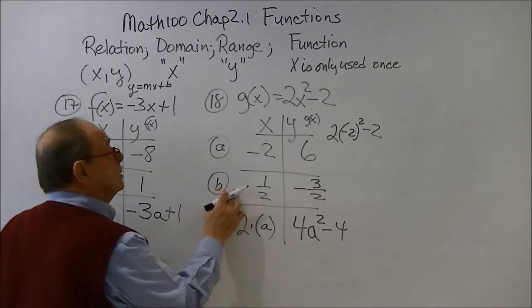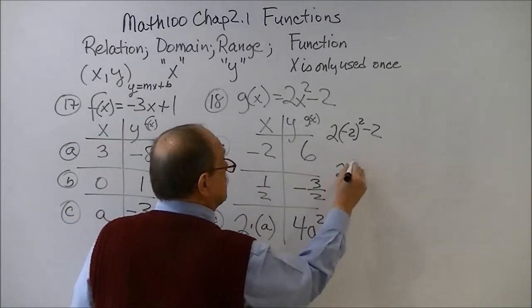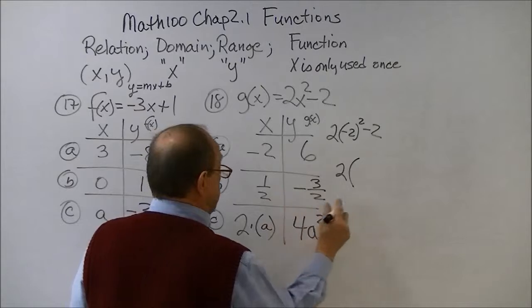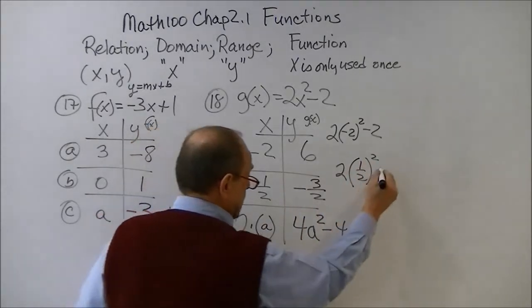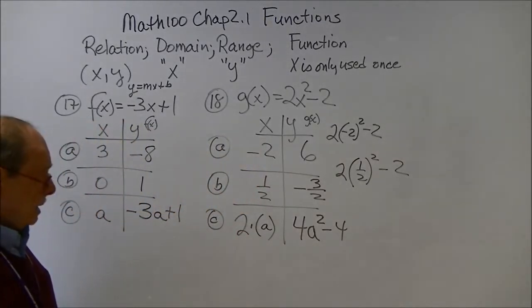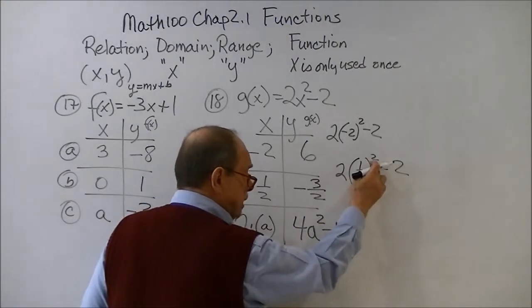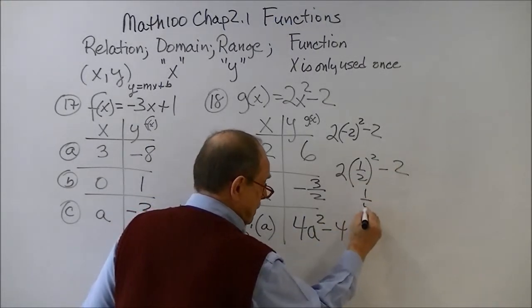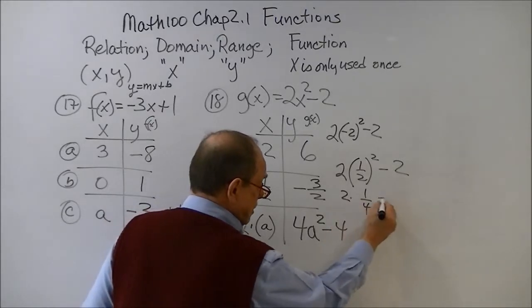Now, b is a little tricky. Let me do it for you. It's going to be 2 times, now x is 1/2 that we're going to square, minus 2. So 1/2 squared is 1/4 times 2 minus 2.